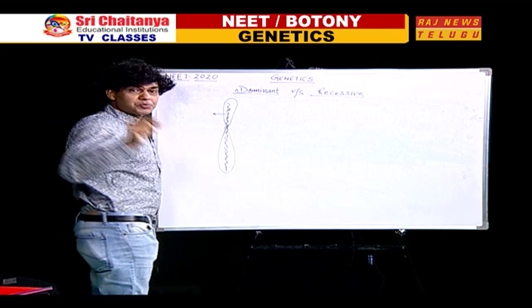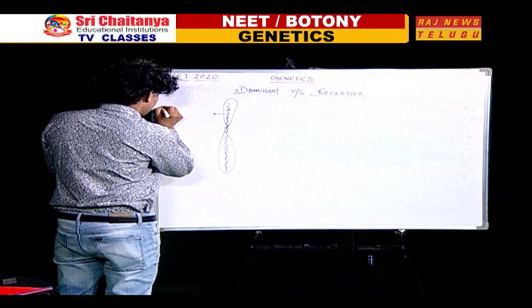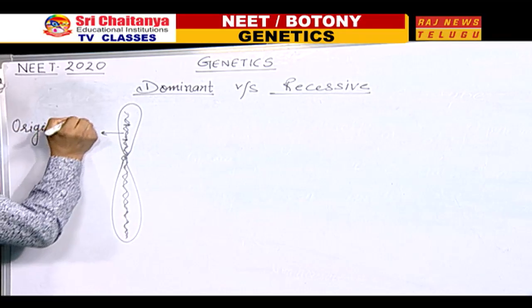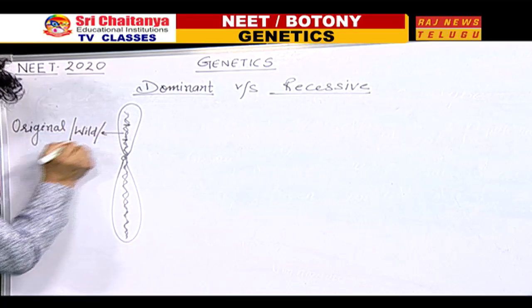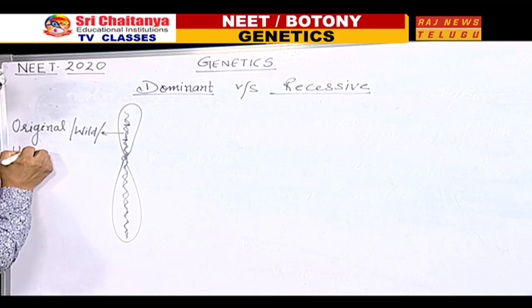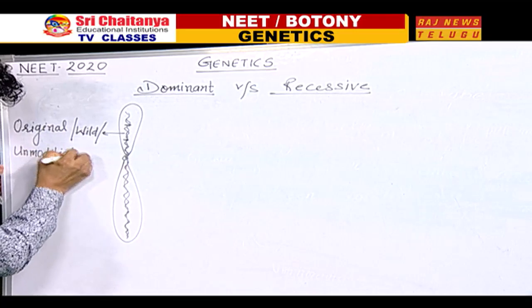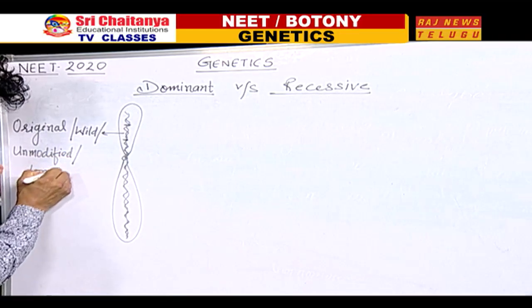The gene which was present since the origin, it is the original gene. It is also known as a wild gene. It is also known as an unmodified gene. And it is also known as a dominant gene.